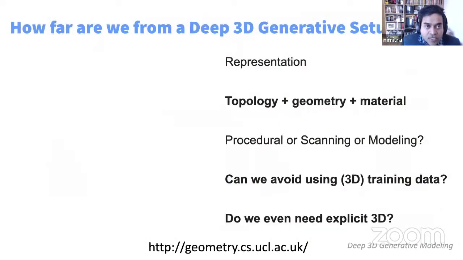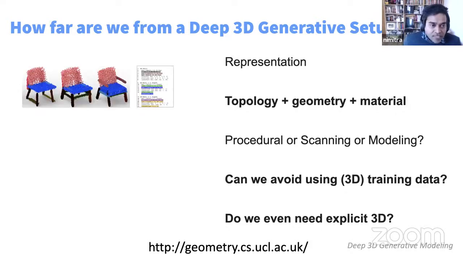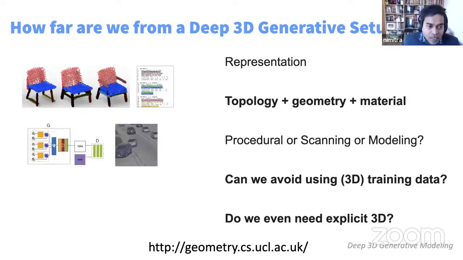So at this point, I would like to summarize what I presented. We mainly focused on three questions among the main challenges I see in terms of enabling really deep 3D generative setup. We talked about the importance of structure, both at the level of part graphs and at the level of programs.